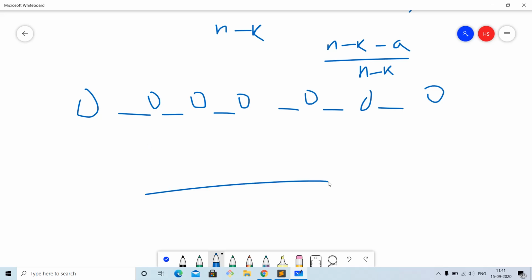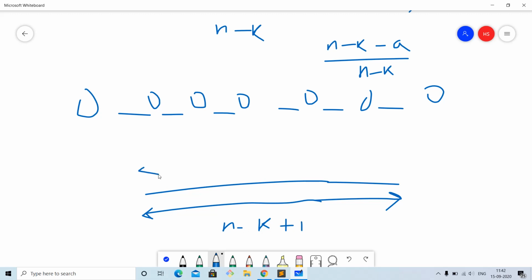So we have a total of n minus k plus 1 positions for the weak monsters to occupy, and among these positions, the first a positions will not cause any damage because this will only reduce the value of a to 0.